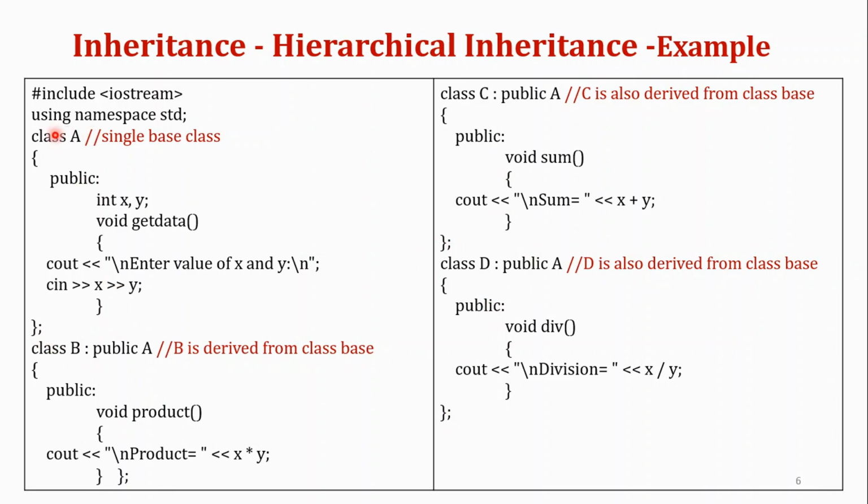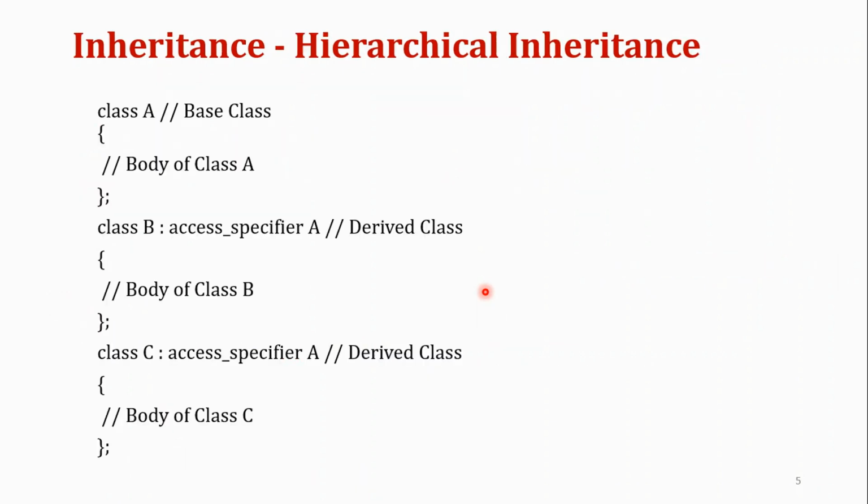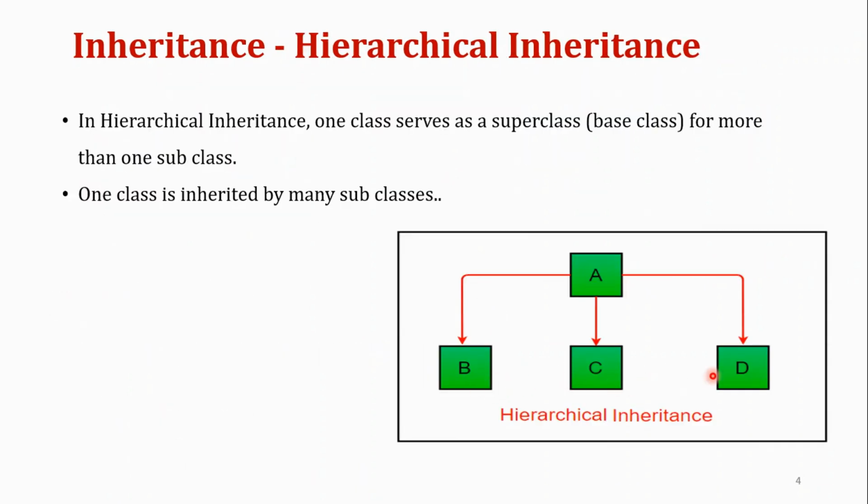So one base class is inherited by the B, C, D subclasses, three subclasses. Coming to the main function, in order to check out the diagram, I have three derived classes, so I need to create three objects to call their member functions.